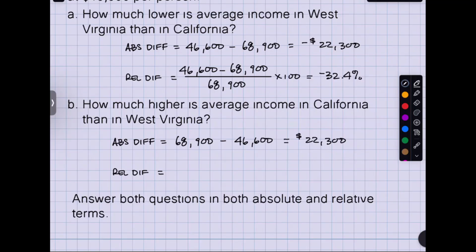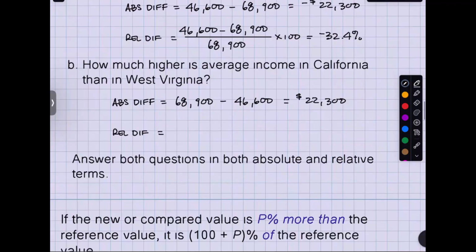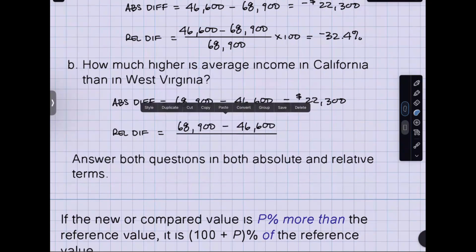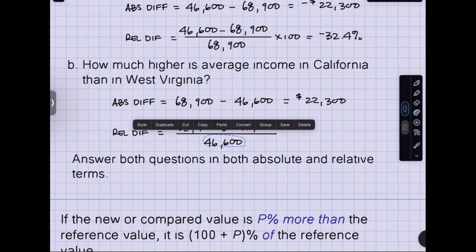So the absolute difference is still the same. Makes sense. What about the relative difference? How does that change? Goes to 48-ish%. The reason why it changes is because that denominator changed.